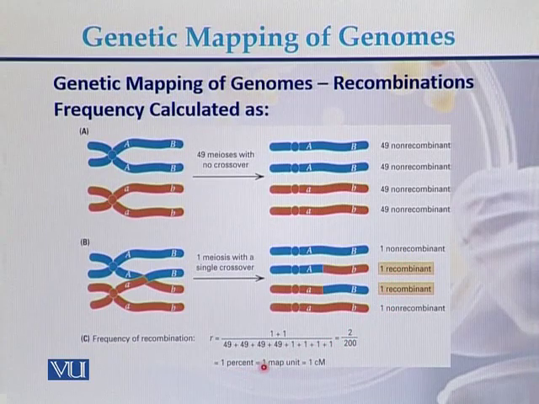So 1% means 1 map unit, in other words, 1 centimorgan. So the recombination frequency is 1 centimorgan. In other words, we can say that the genes A and B are 1 centimorgan apart from each other. So this is the method of how recombination frequencies are calculated.